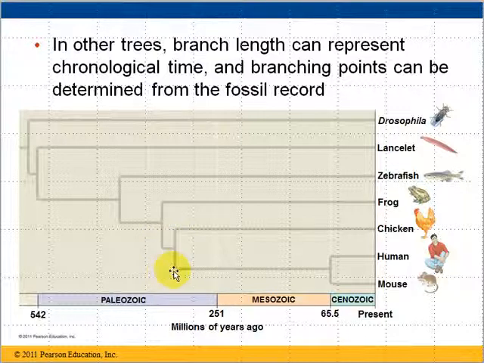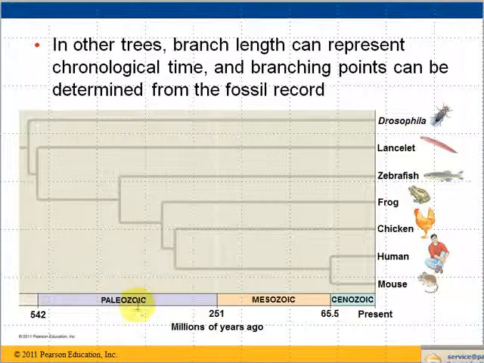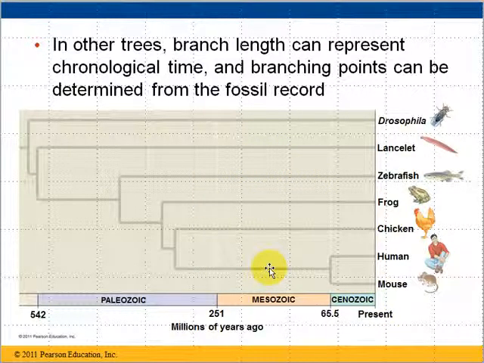And then if we wanted to know where is the common ancestor for all of these creatures, at what point did that common ancestor live, well, you would have to travel all the way back to the pre-Paleozoic time frame. So if there is a time frame associated with the phylogenetic tree, it's going to have to be noted, and the lengths of the lines are going to have to correspond to that time frame. In many cases this is not true, but in this particular phylogenetic tree, the branch lengths are proportional to time.